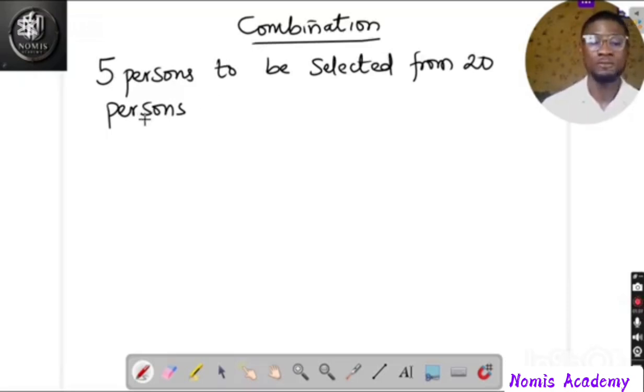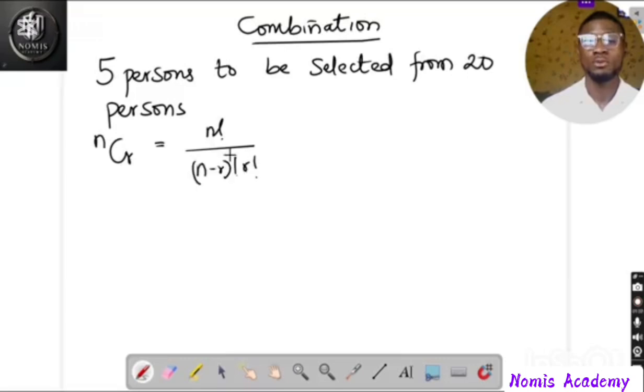Now, what's the formula? The formula says n combination r is equal to n factorial all over n minus r factorial r factorial. So this n is the number of the population that I'm about to select from, and r is the number of people I'm taking at a time.